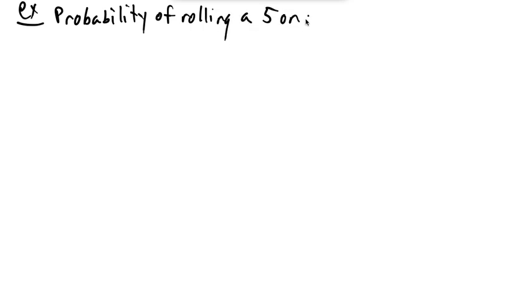For example, what's the probability of rolling a 5 on a die? So this is going to be a theoretical probability, where we look at the total number of outcomes where we get a 5. How many times can we get a 5 on a die? Well, there's just one option for that.